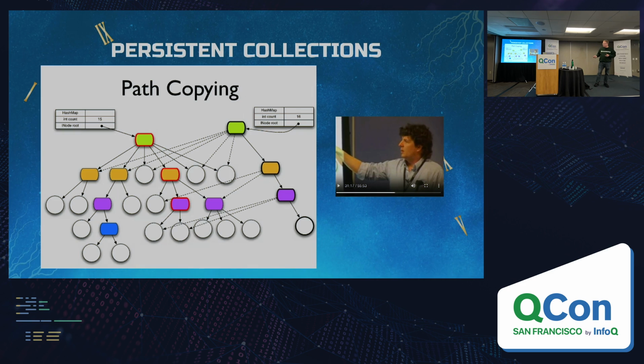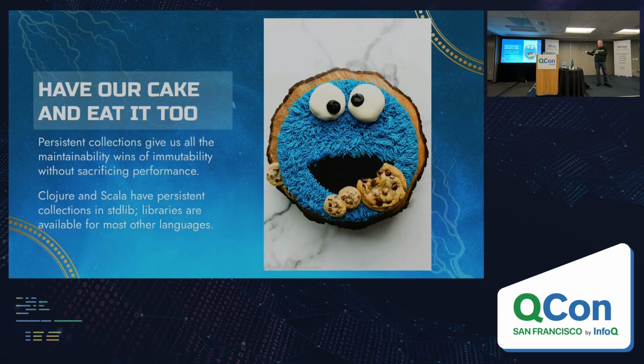And we add the new child node there. But then the rest of the child nodes of all of these new nodes that we've created, they just point back to the same exact memory from the original data structure. So we've cloned 4 tiny little objects and retained 99% of the memory that we were using from the original collection. So with this pattern, you can have your cake and eat it too.